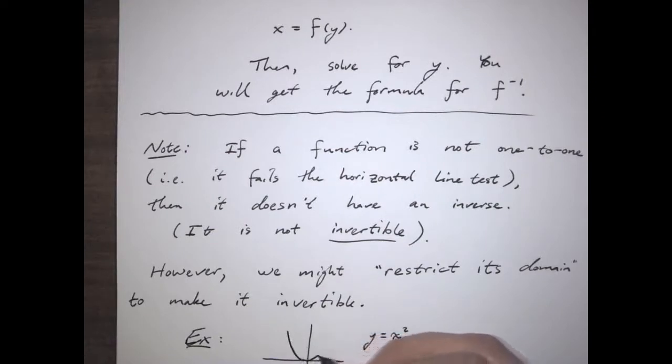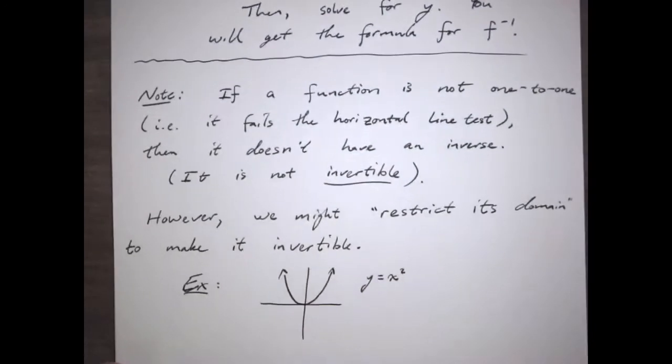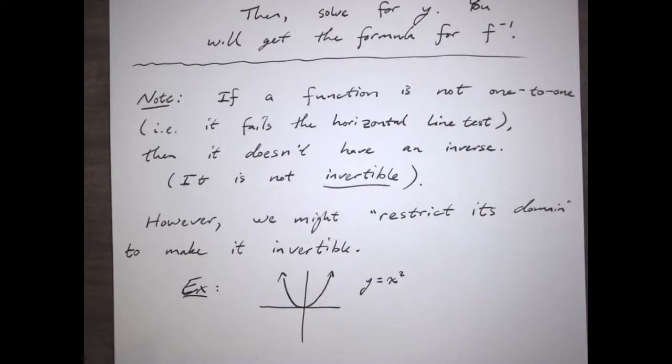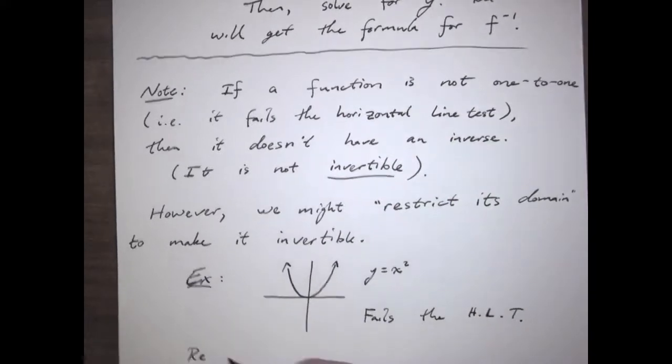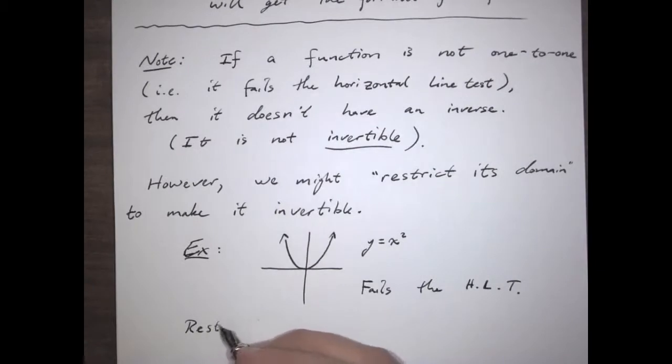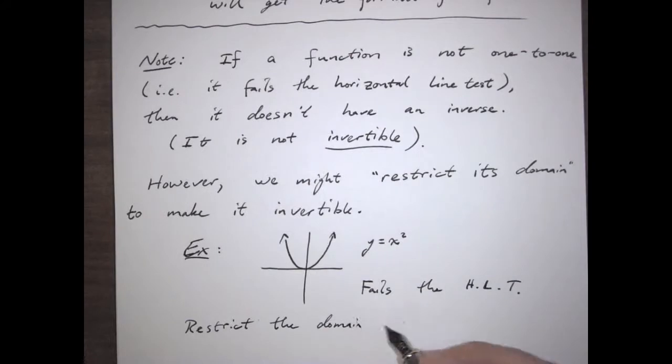And that is one of our classic toolkit functions, and most importantly about it for this, it is not one-to-one. It fails the horizontal line test. However, we can restrict the domain so that it passes it. Restrict the domain to x greater than or equal to 0.